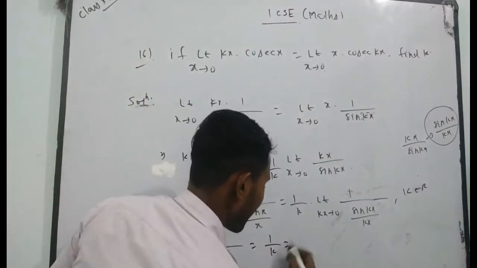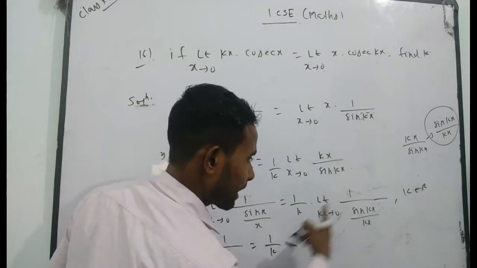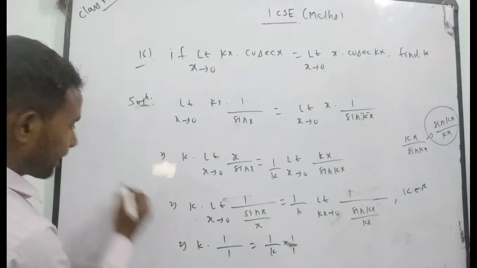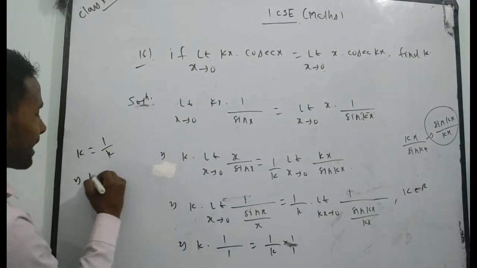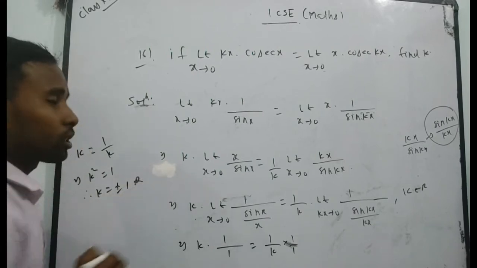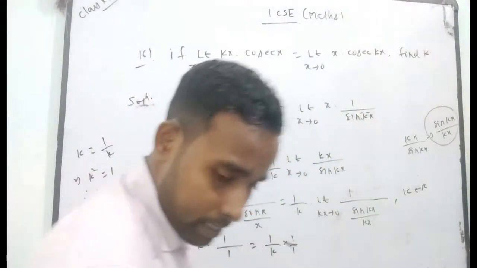So you can write 1 by k times 1 by k, it is 1 by k, and it will be 1 by 1. So after manipulating you get k is equal to 1 by k. That implies k square is equal to 1, so k is equal to plus minus 1, which is your required answer.